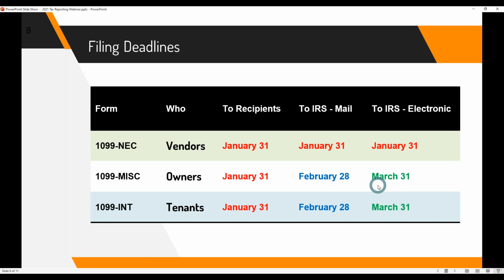So it's really nice to have that buffer to fix it before sending it to the IRS, so you don't have to send a bunch of corrections to the IRS. So if you're filing by mail, give yourself to the end of February. If you're filing electronically, you have till the end of March. So you have a little bit of time for your owners to actually look at what you sent them and tell you that there is a problem.